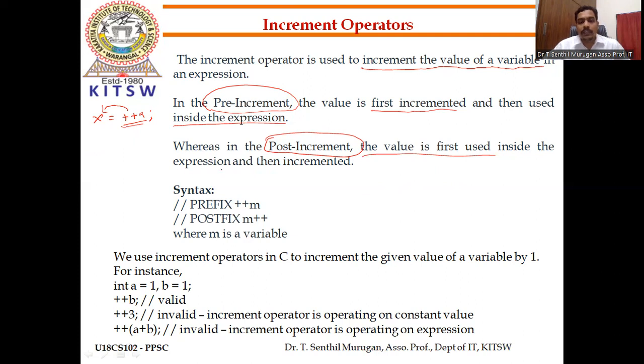For example, x = a++. The value of a is taken and assigned, and after this line, a will be incremented. So a++ indirectly means a = a + 1.